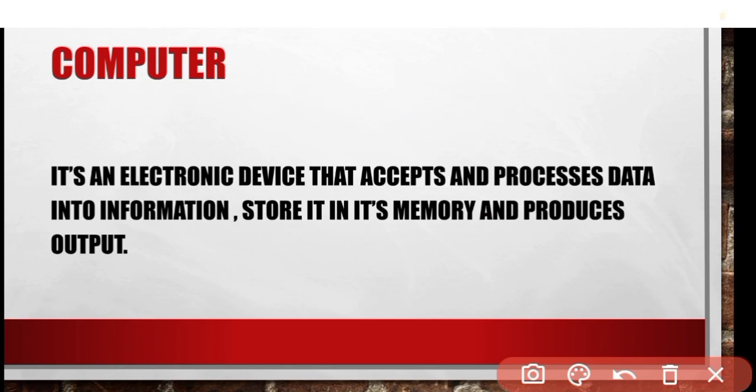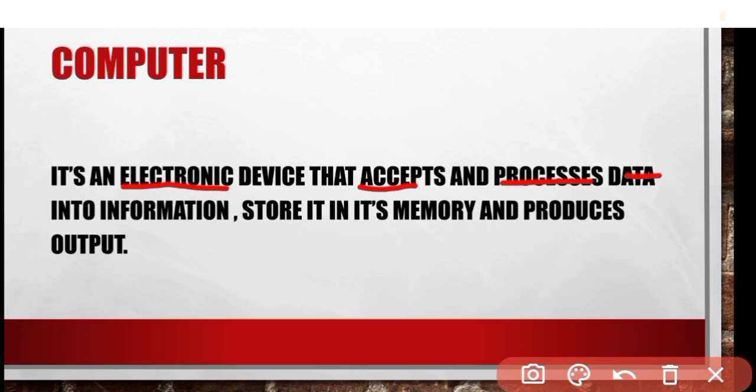Remember, it's not just a device, it's an electronic device that accepts and processes data into information, stores it in memory, and produces the output. That's the definition of a computer.